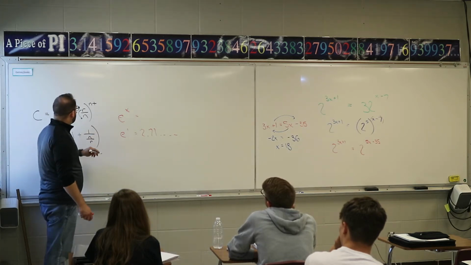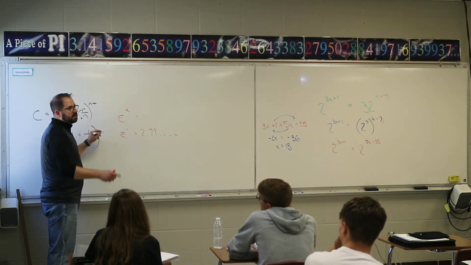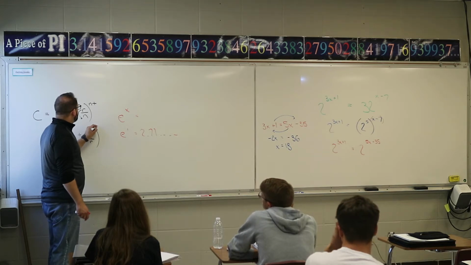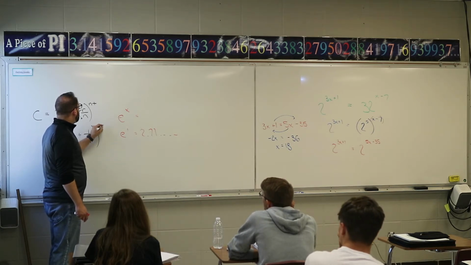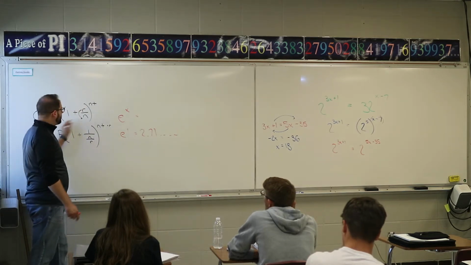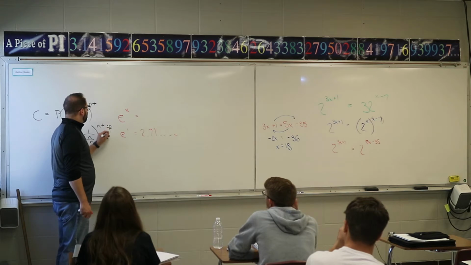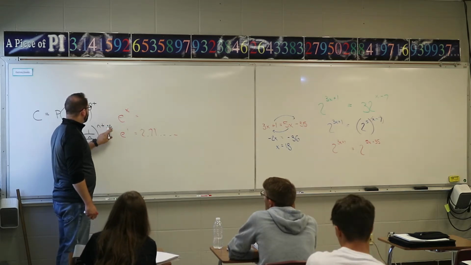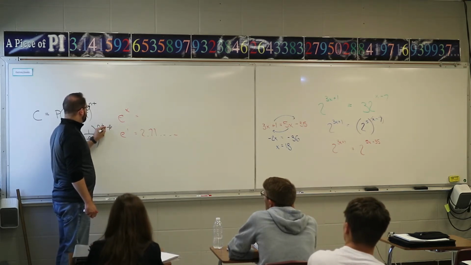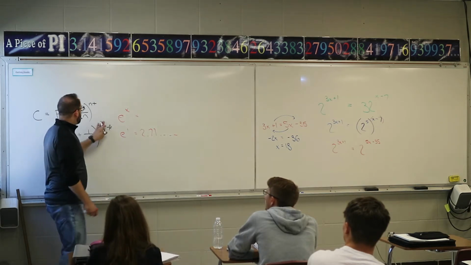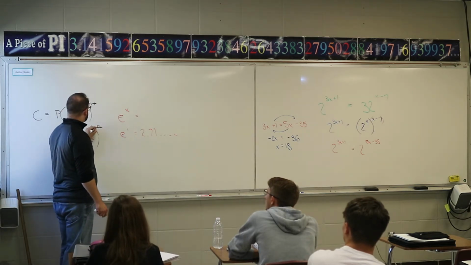Up here in the power, if I multiplied by an R on the top, would you agree that would change the entire problem? Yes. But what if I divided by an R like that? It'd be times 1. Do you agree with that? Yes. Okay, so I'm going to rearrange. What if I did this?